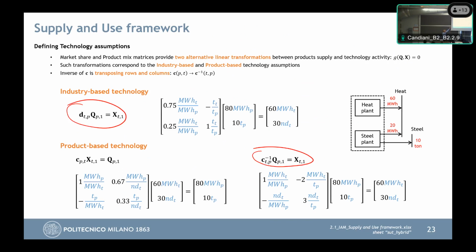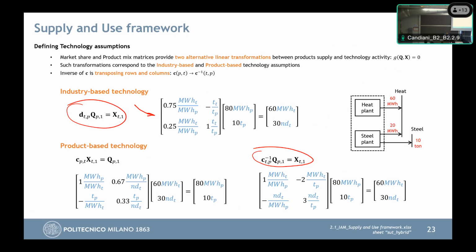So we have D times Q equal X, and you see that in this first case, I have the market share matrix times Q, and this is leading to X. You can do it even pen on paper. It's so easy. I recommend you actually try to perform such simple calculations at home in order to understand the meaning behind the numbers.